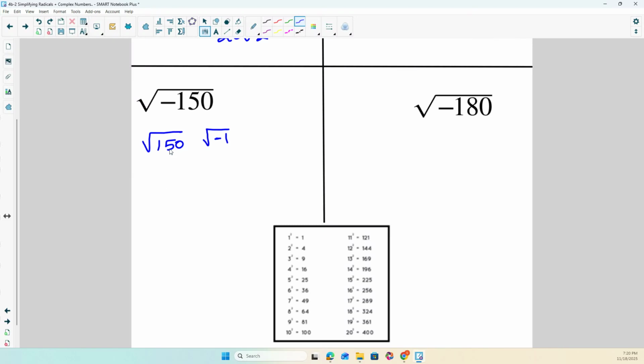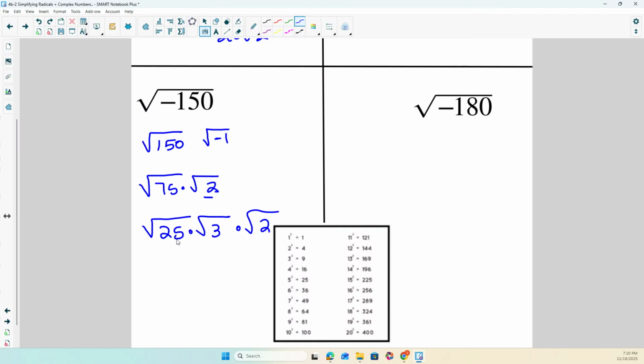So I can write the square root of 150 as the square root of 75 times the square root of 2. Now I can break down 75 as the square root of 25 times the square root of 3, and then I already have the square root of 2 here.